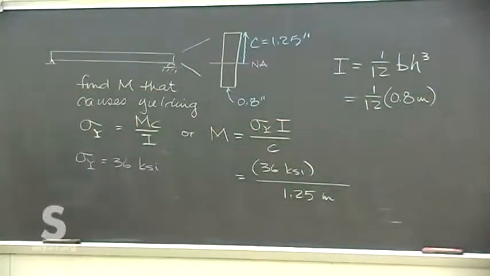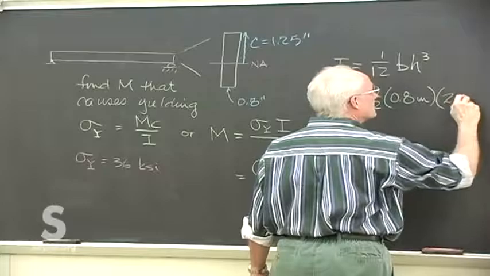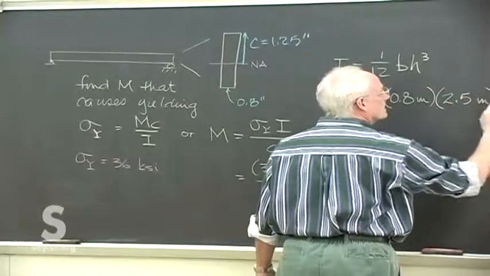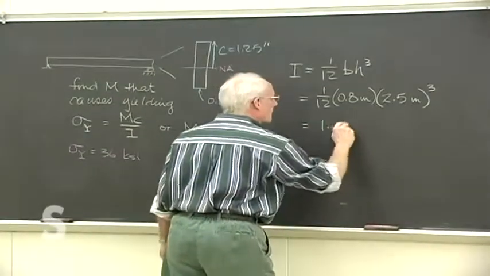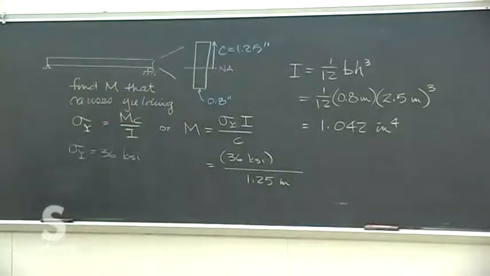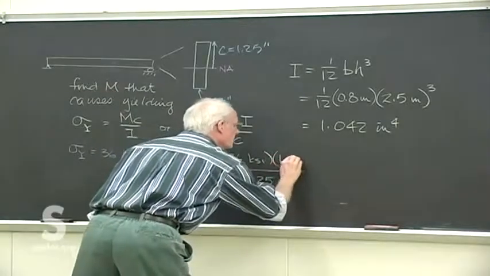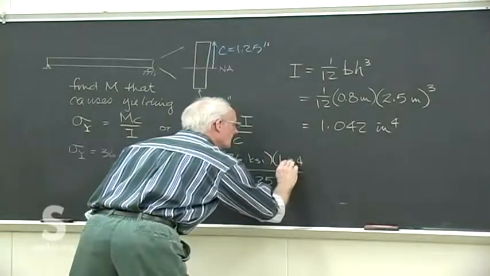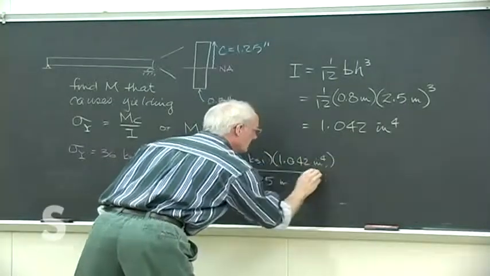So the beam has a width of 0.8 inches, a height of not 1.25 but twice that, 2.5 inches, and that's cubed. And so we've got I, we can put that in there. Simple as that. Couldn't be a whole lot easier.